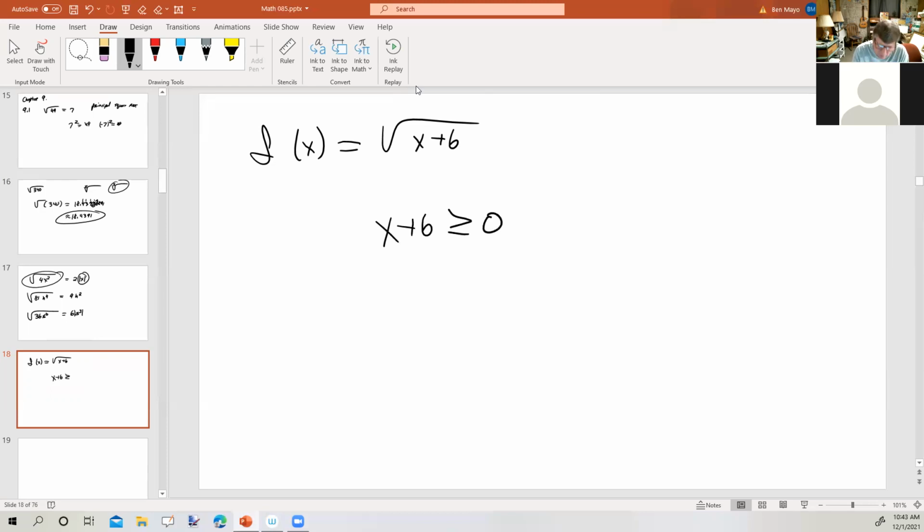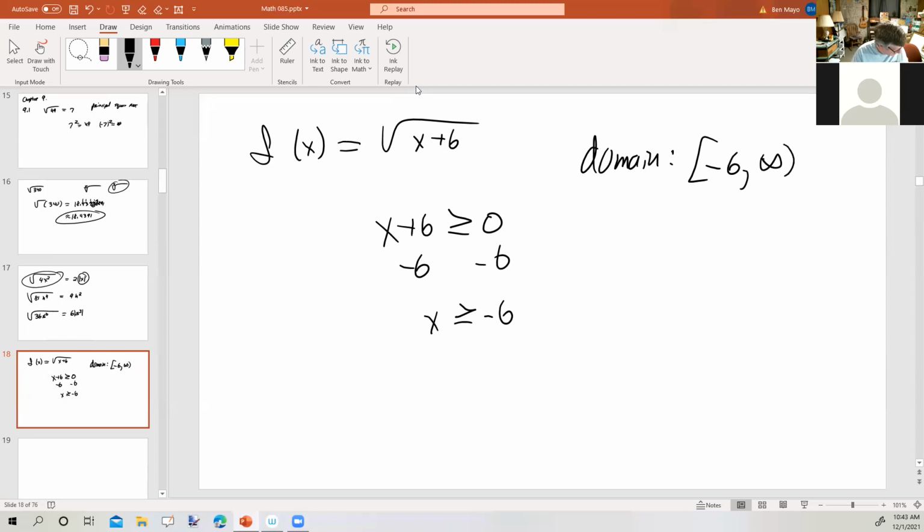Therefore, it's got to be positive or 0. Solving this inequality, we get that x is greater than or equal to negative 6. So writing the domain in interval notation, it would be bracket negative 6 to infinity with parentheses. Okay. Any questions about that?